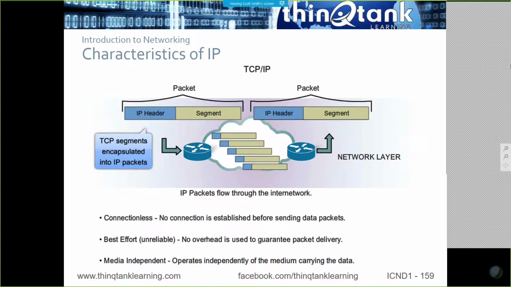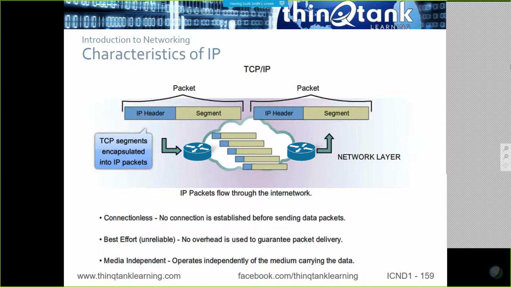In IP, we don't do that. I simply send my datagrams out. If they get to the destination, they get there. If they don't, they don't. But there's nothing within an IP header that allows me to establish that the destination exists or is available prior to sending my information. That's why we refer to IP as connectionless. No connection is established prior to sending the information.